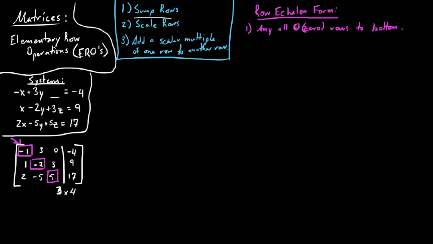And then another stipulation is this: all non-zero rows start with a leading one.